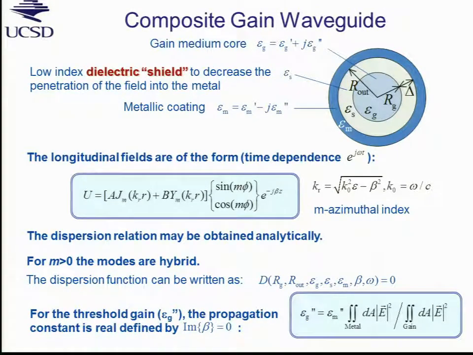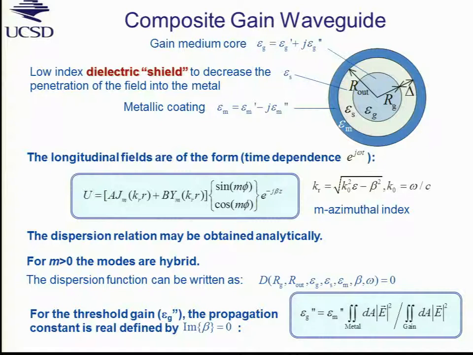We basically analyzed analytically a composite waveguide that consists of a gain core, dielectric shield, and metal coating on the outside. Of course, the gain has a positive dielectric constant imaginary part, and metal has negative to indicate absorption. The modal structure can be solved analytically, and from the propagation constant extracted from the analytic solution, we find that the threshold gain is when the losses in metal are compensated by the gain.